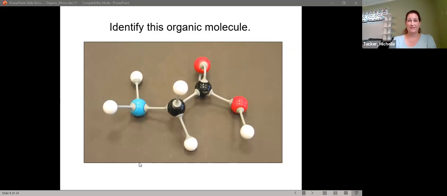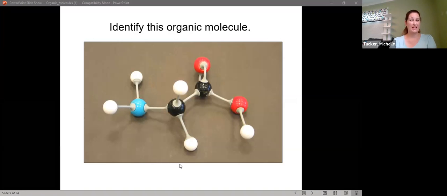So identify this organic molecule. It has an amino group over here. It has a carboxyl group over here. It has a carbon and a hydrogen, and it has another hydrogen here.